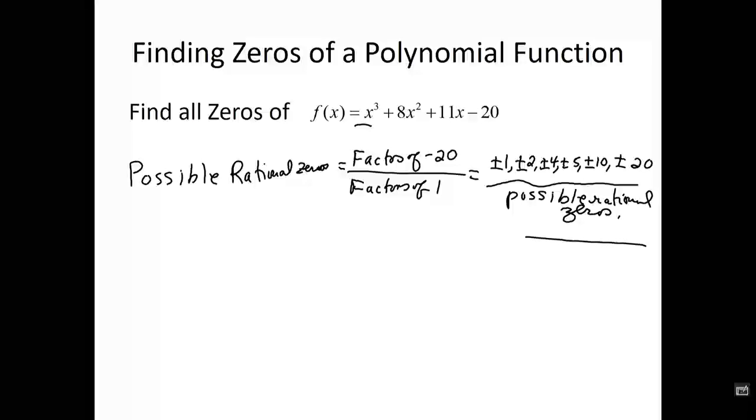Keep in mind that if f of x is divided by x minus c, and the remainder is 0, then we conclude that c is a zero of the polynomial. All right, so let's begin. Let's begin by testing 1.